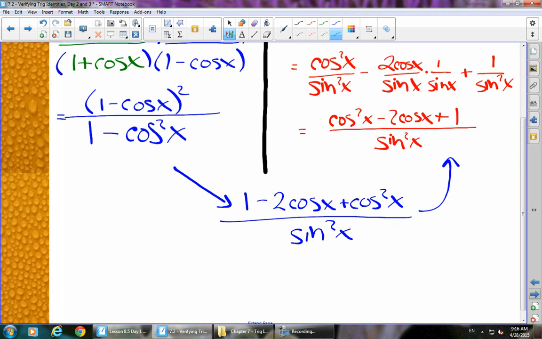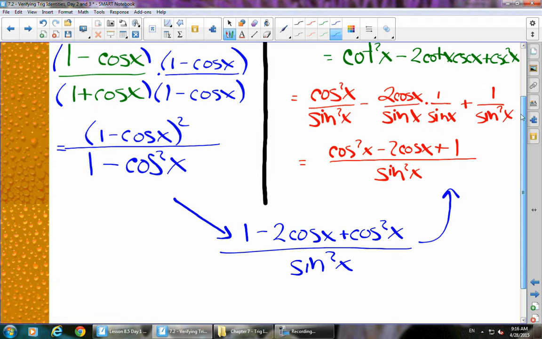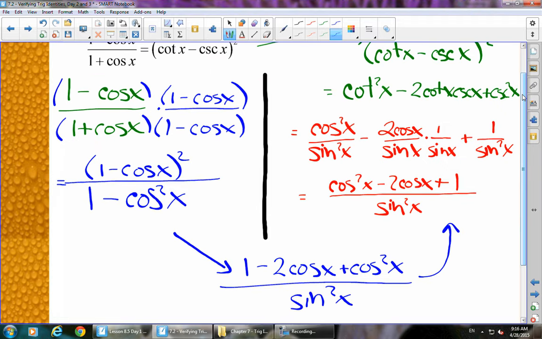From there, that's the exact same thing as I have here in the bottom. And then effectively you're done, because notice if you just run this step backwards, and I'm not going to necessarily have you rewrite it backwards, but if I go from this step and break this fraction up into separate fractions, I can put in this case 1 over sine squared minus 2 cosine x over sine squared plus cosine squared x over sine squared, and this over here is going to break up into this, this, and this.